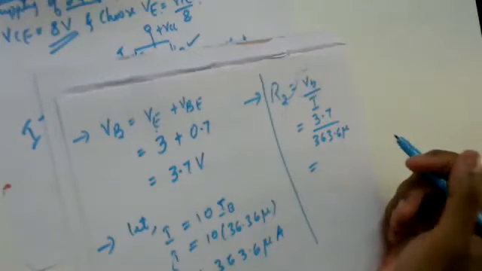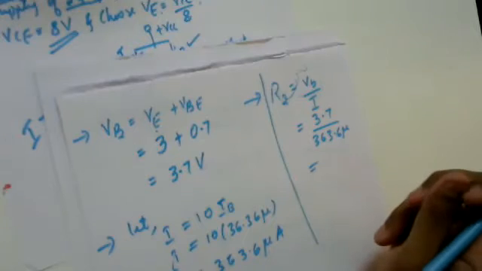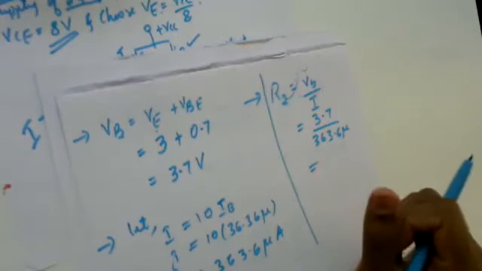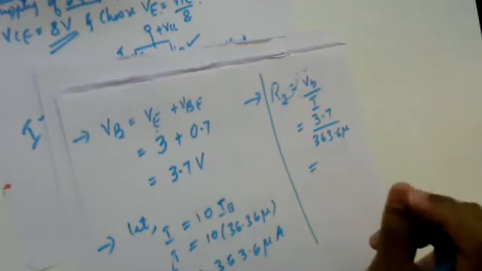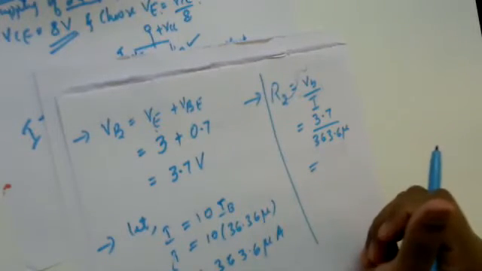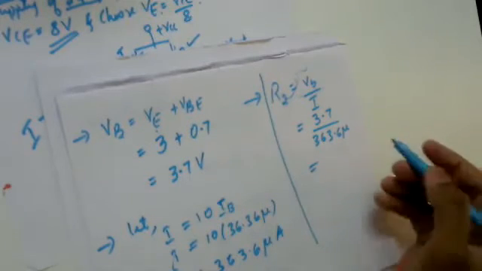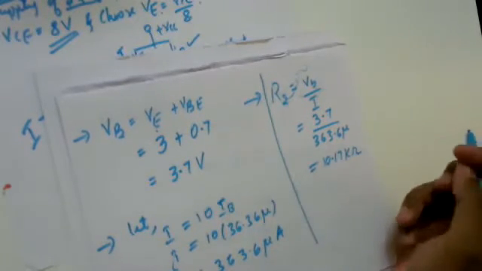So what's the value of R2? We're getting the value of R2 as 10.17 kilo ohm.